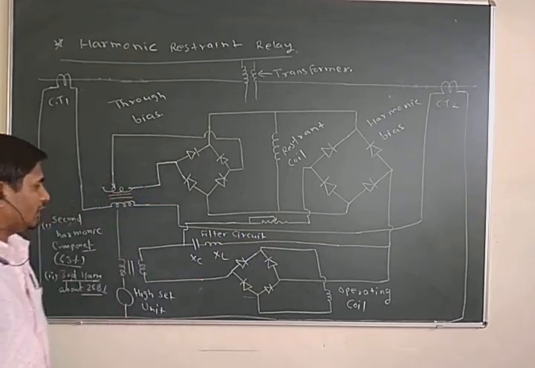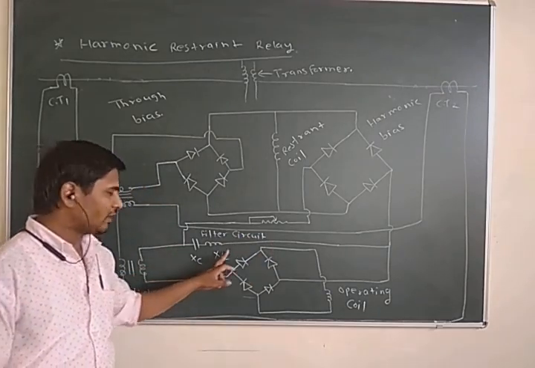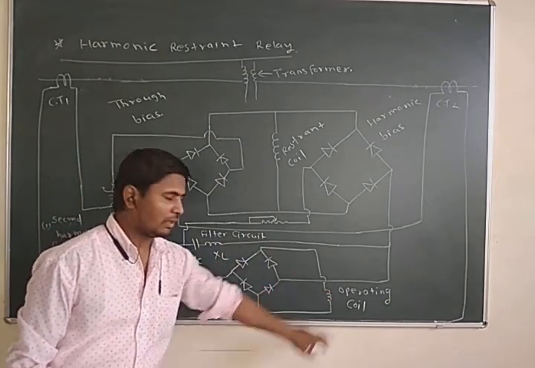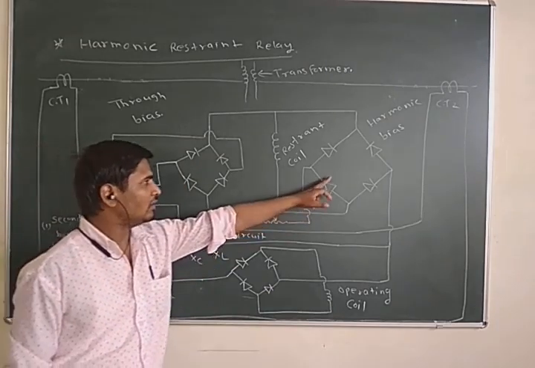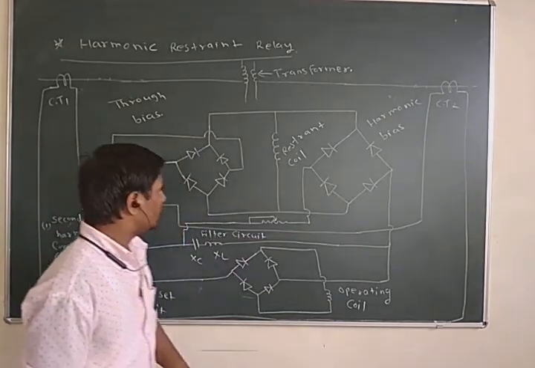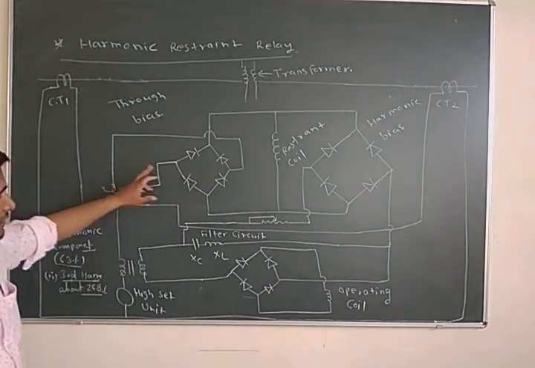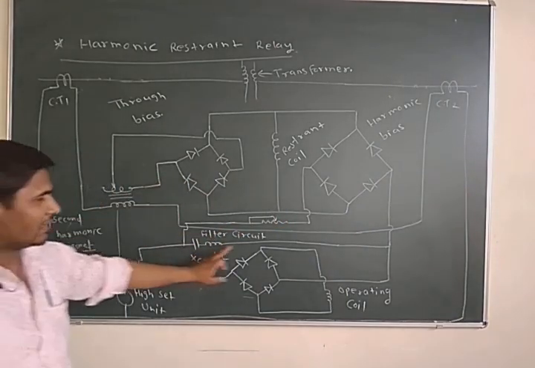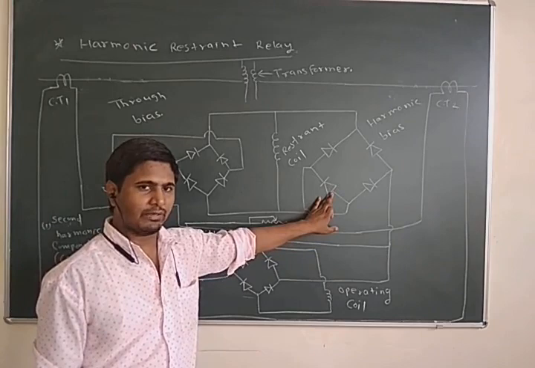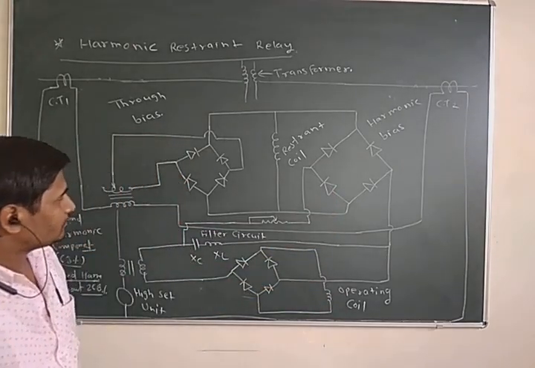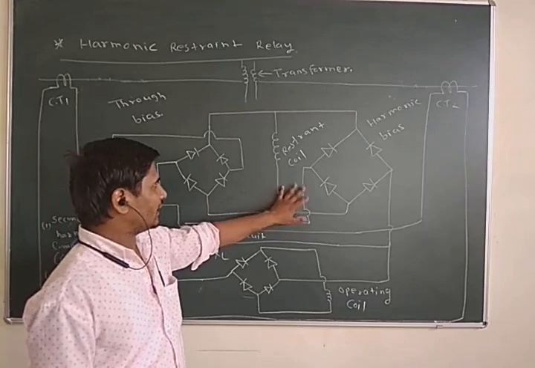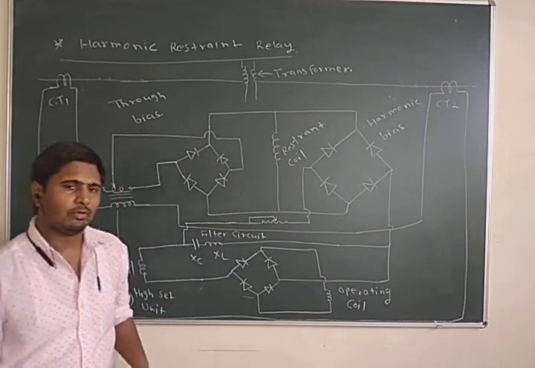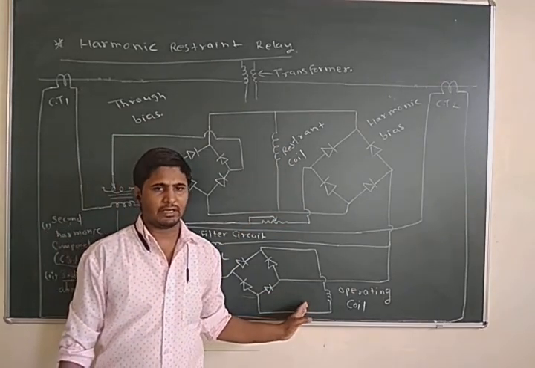The filter circuit filters the harmonic components and provides only the fundamental component to the relay operating coil, and the harmonic component is provided to the restraining coil. So in the restraining coil there are two components, one is the fundamental component and second is the harmonic component. In case of harmonics or inrush conditions, a current flows in the restraining coil which provides a restraining torque to avoid false operation of the relay.